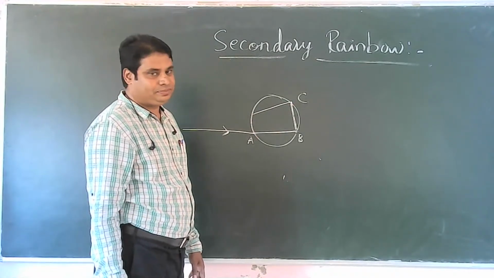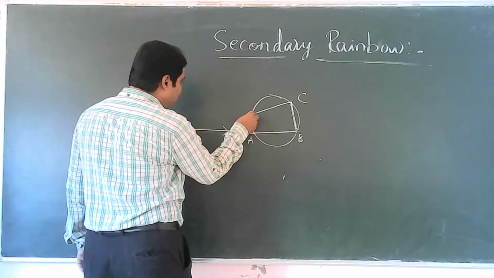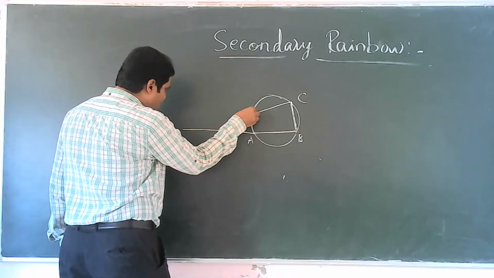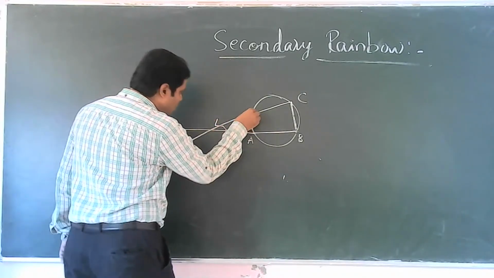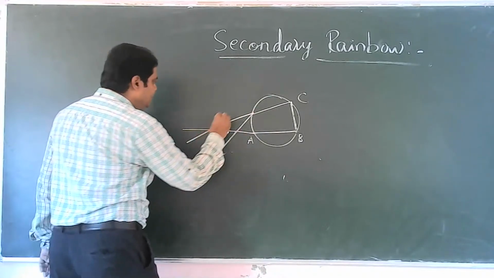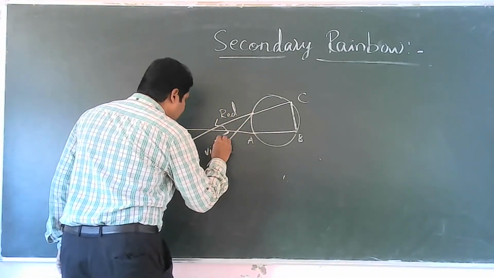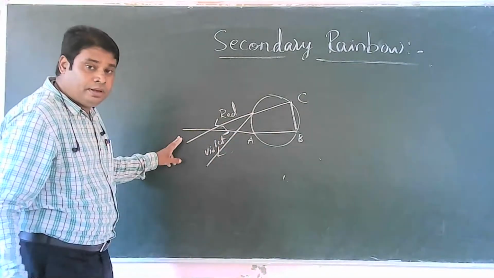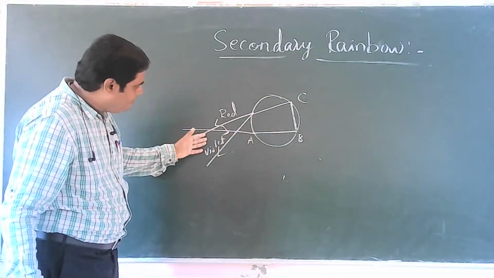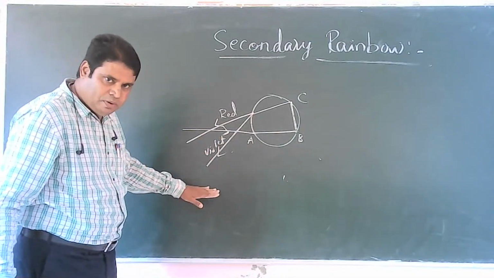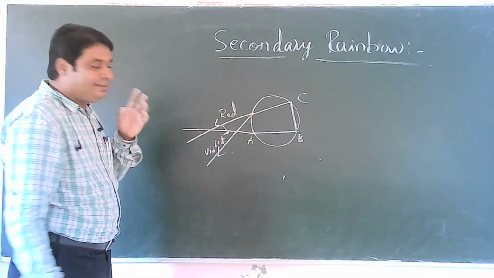If you draw a model, we observe red light here, violet here. Now you observe red light is on the top, violet is at the bottom of this drop.